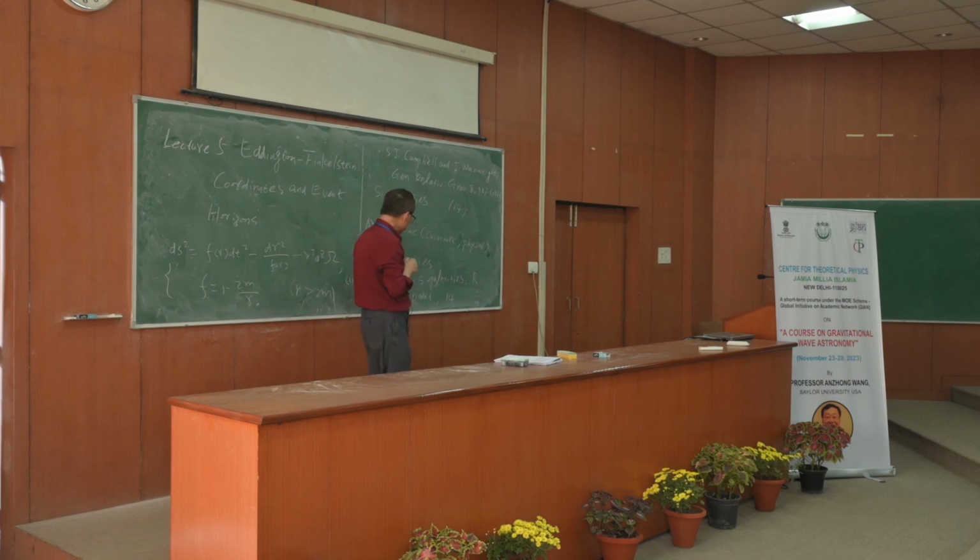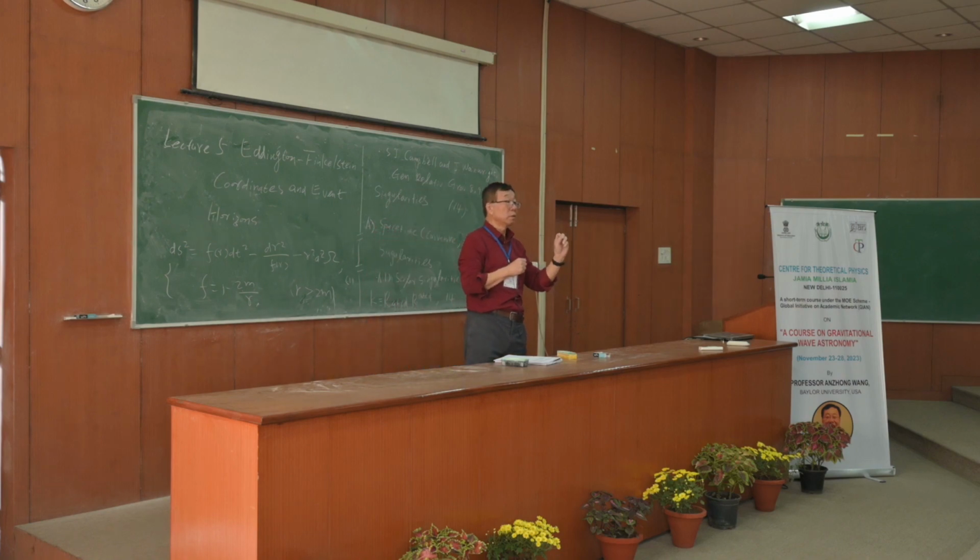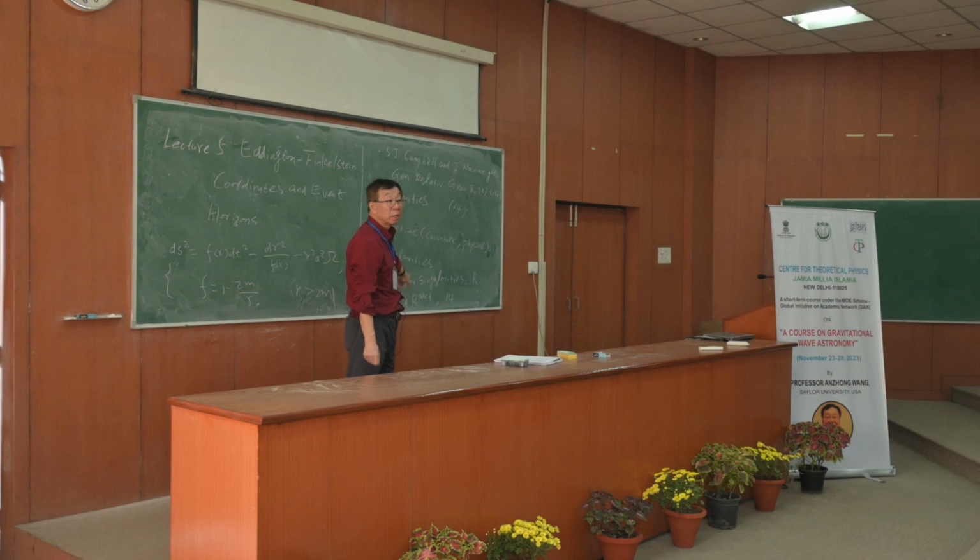So once we know the 14 scalars, the scalar singularity is defined like this: if any one of them is singular, then the space-time has a scalar singularity. This is always called strong.